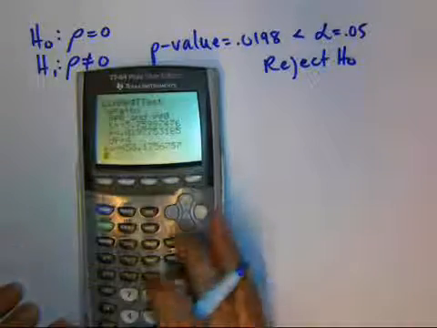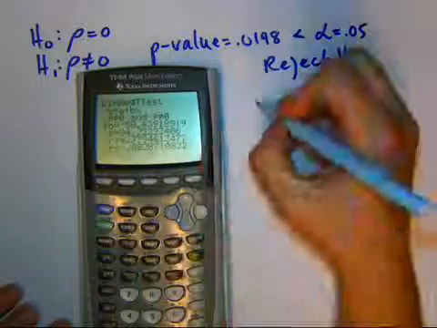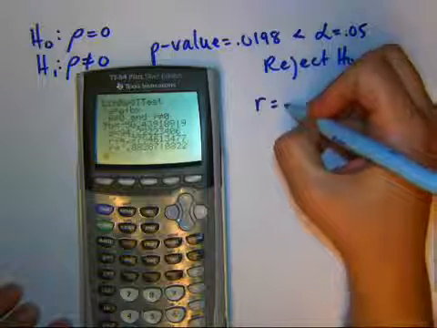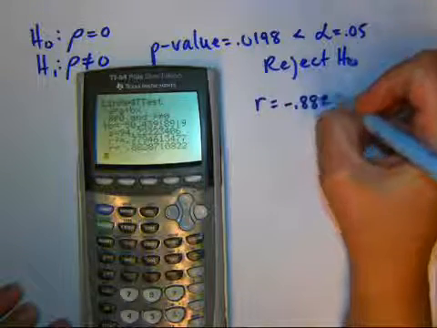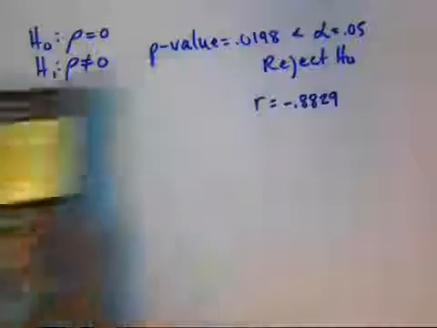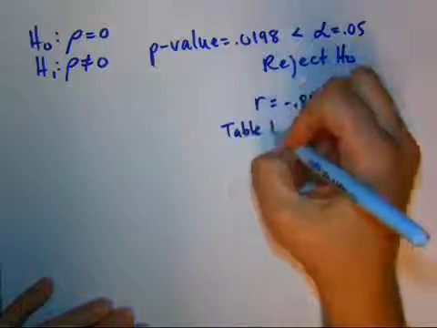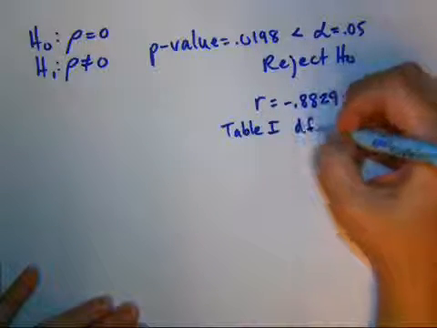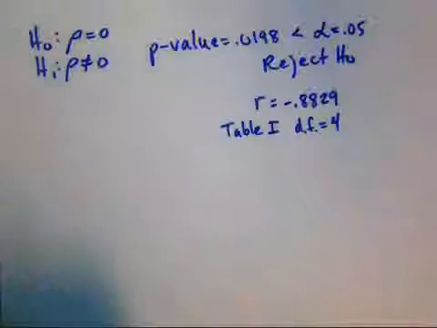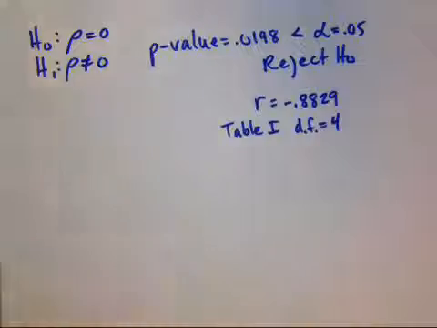The other way is to go down a little bit farther here and look at your r. So your r is equal to negative 0.8829. We could have used our table I with degrees of freedom equal to 4. So I can go right in here and look at this critical value.